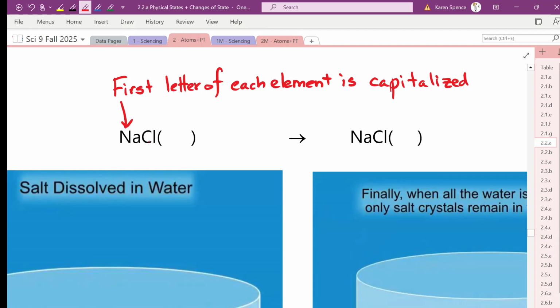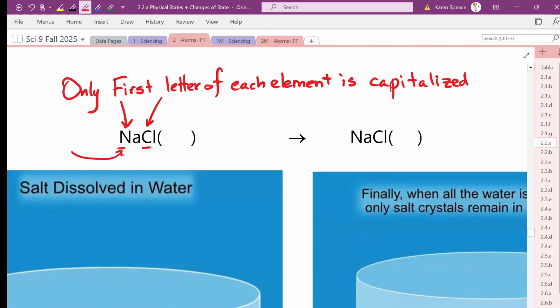So when we start using our periodic table, you'll see that if there's only one letter, it's a capital. If there's two letters, only the first one is a capital. Are there any that are three? There used to be, but I think they've gotten rid of them now. So if there happened to be three, only the first one would be capitalized. It lets you know that you've started a new element.